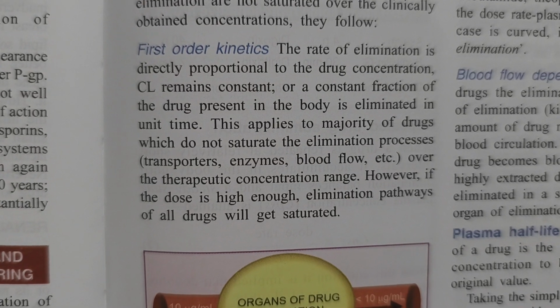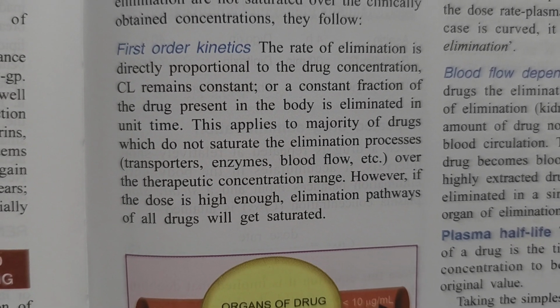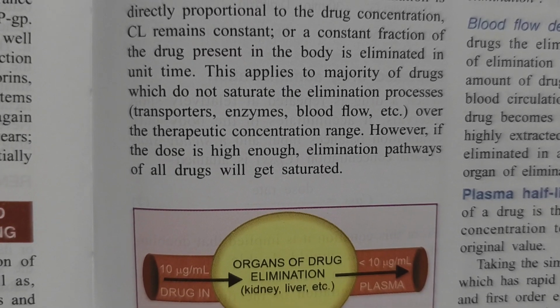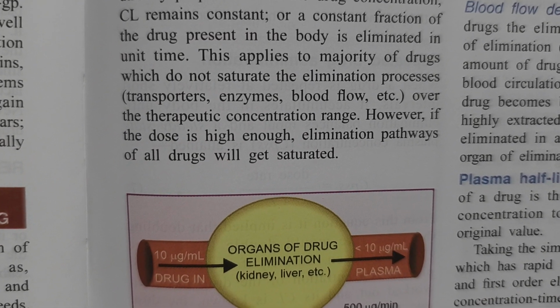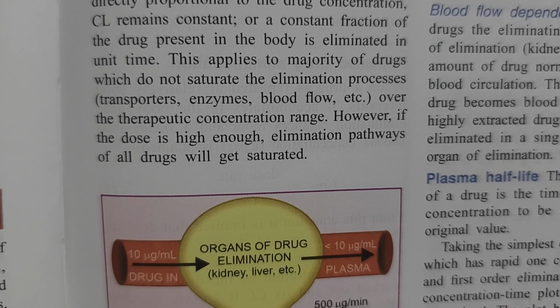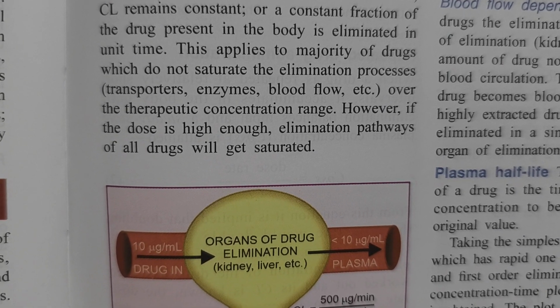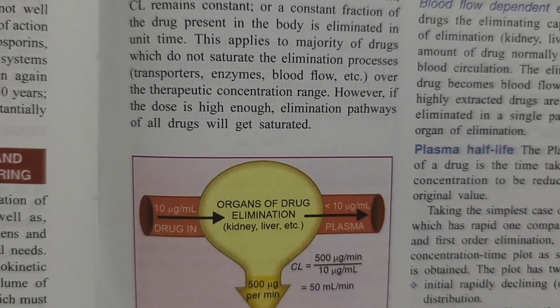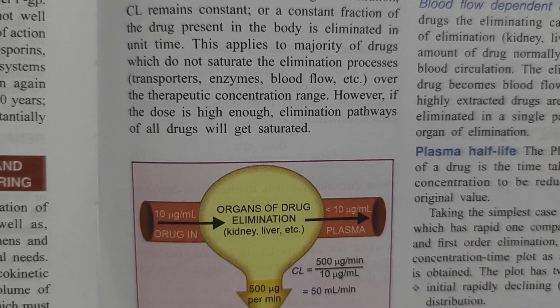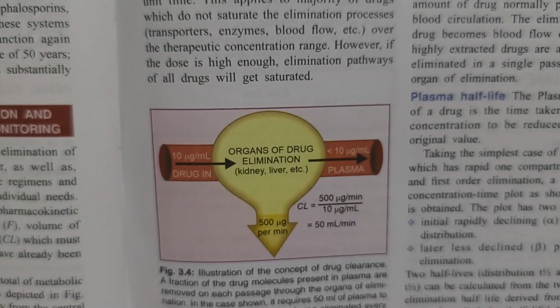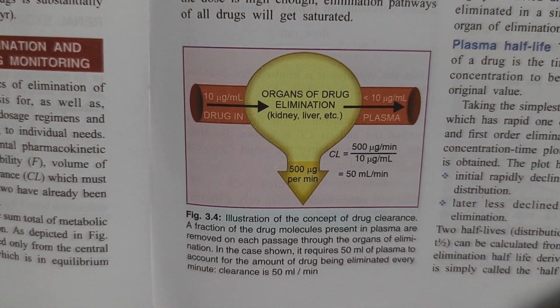Clearance remains constant, or a constant fraction of the drug present in the body is eliminated in unit time. It applies to the majority of drugs which do not saturate the elimination processes, transporters, enzymes, blood flow, etc., over the therapeutic concentration range. However, if the dose is high enough, elimination pathways of all drugs will get saturated.